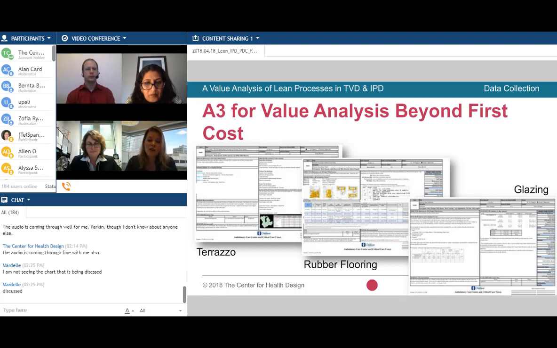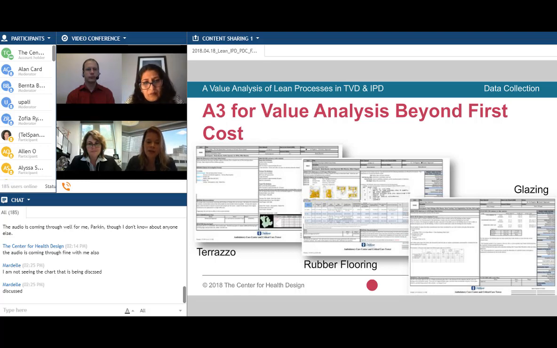Value engineering usually causes a lot of disruption, and a lot of times we may be adding costs because it is truly a value analysis happening at the right point in time. So things like terrazzo, which might be a little more expensive than other flooring types, were things that we evaluated. If we determined that it had the best aesthetic quality, the best long-term wear, and met the needs of the client both today and in the future, we made sure that we got terrazzo in the job, which we did.